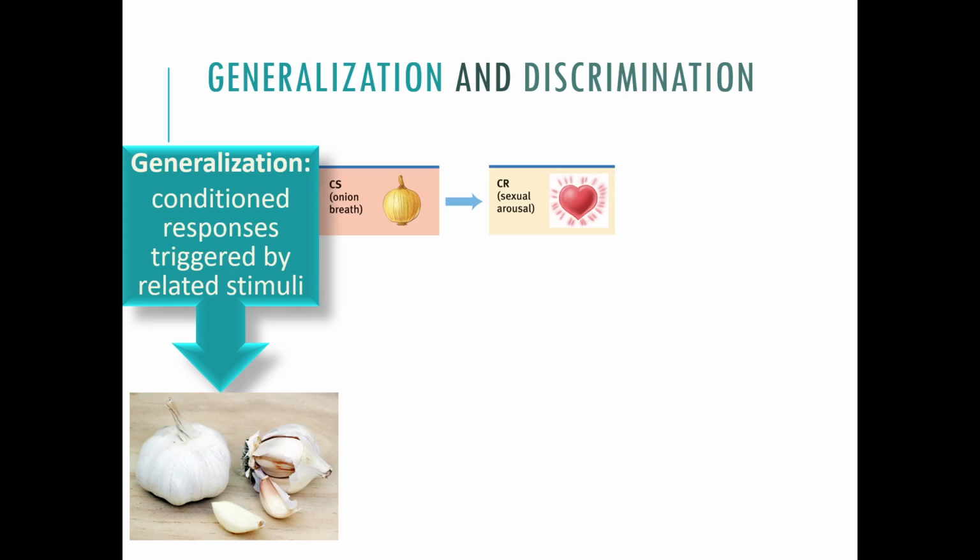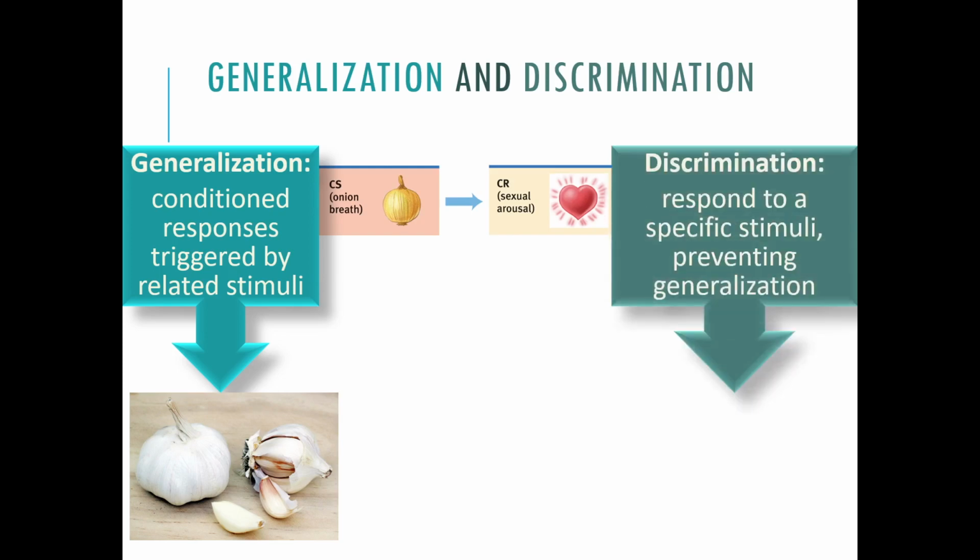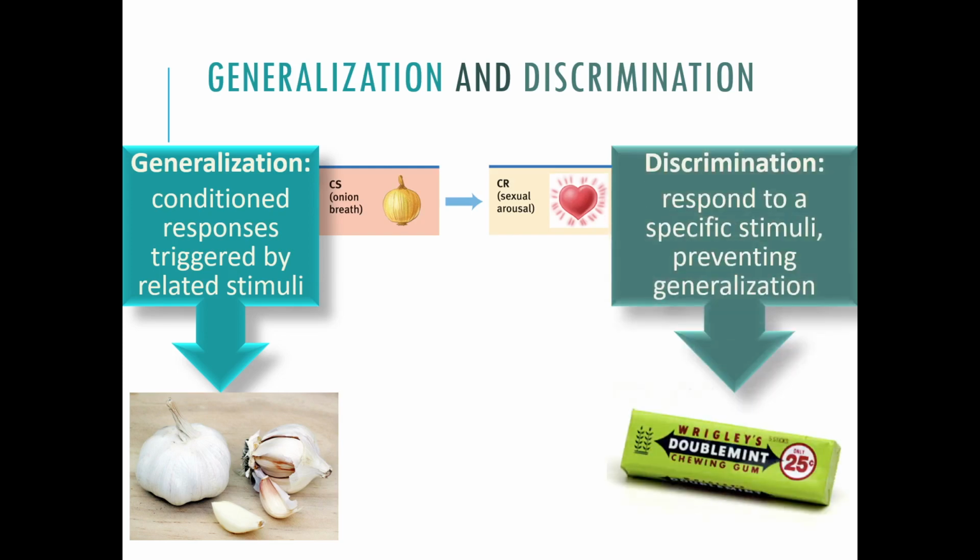Generalization says that we would have the same kind of conditioned response triggered by related stimuli. So if your partner always has onion breath and then one day shows up with garlic breath, might be close enough, it's similar enough, and trigger the same kind of conditioned response. On the other hand, discrimination says that we really respond only to specific stimuli.